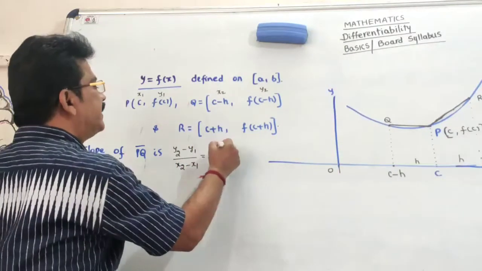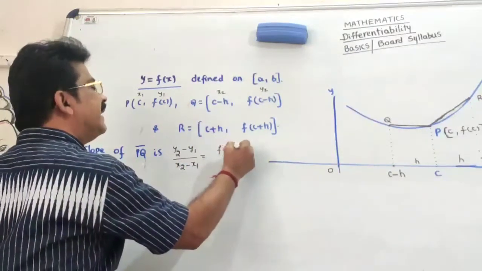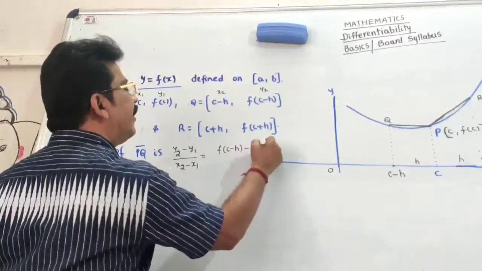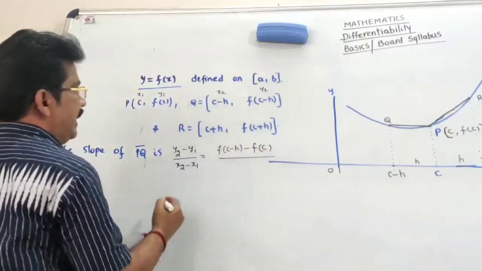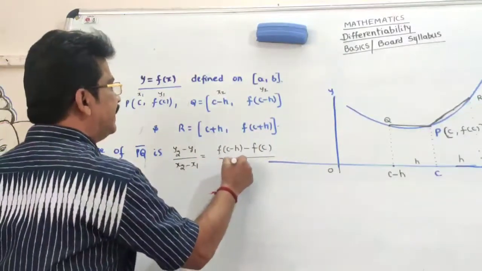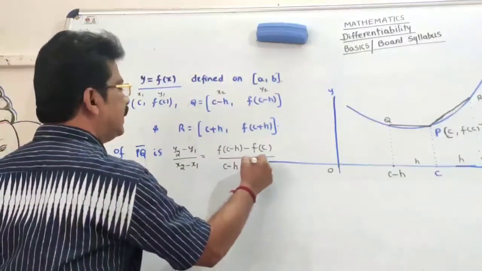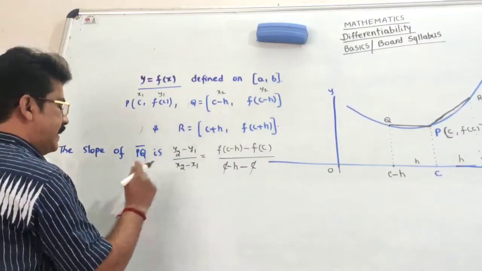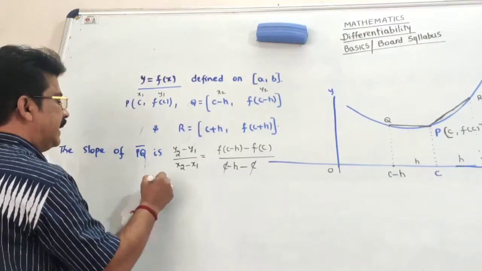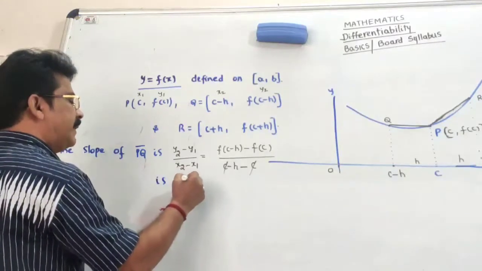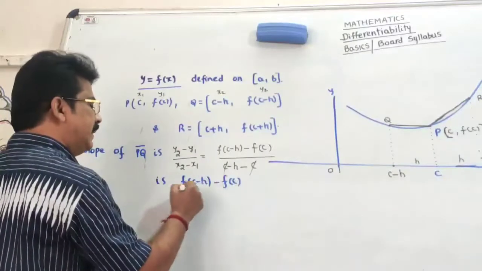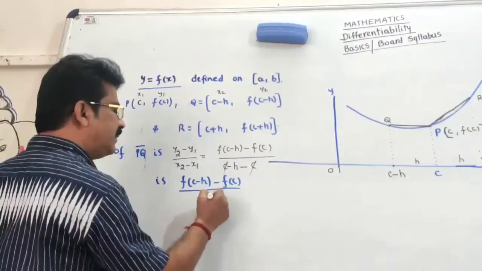So y2 means f of c minus h, minus y1 means f of c, divided by x2 minus x1, c minus h minus c. Okay, c cancels, then it is f of c minus h minus f of c divided by minus h.